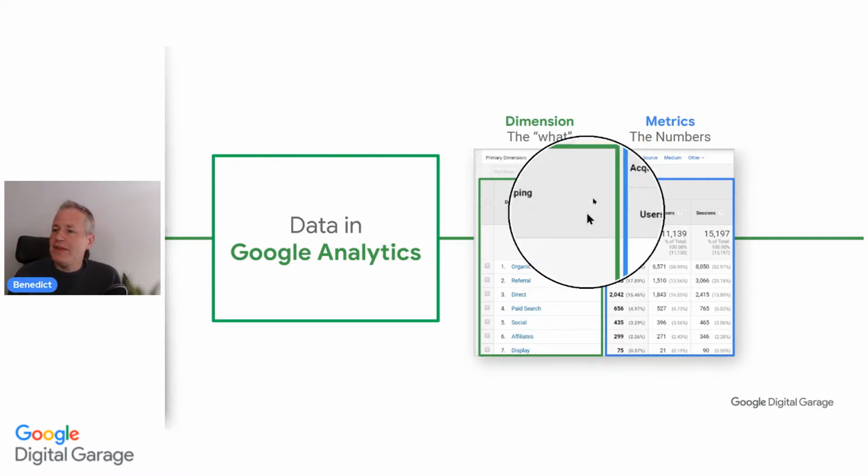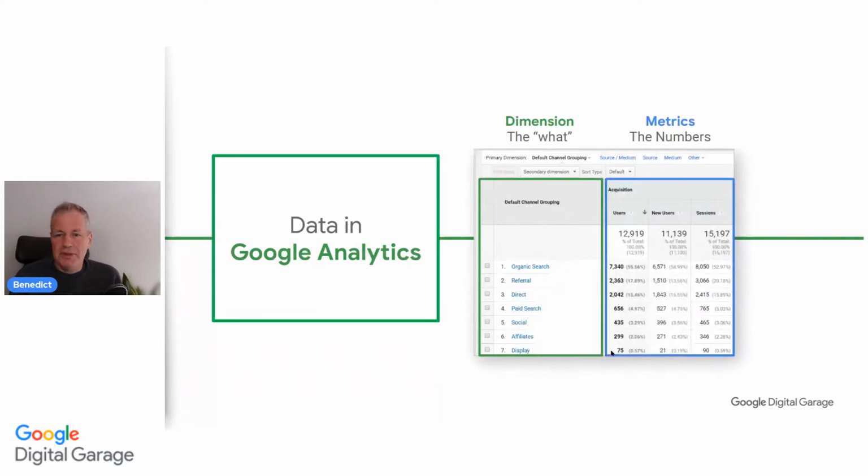Whereas the blue over here, the metrics, the numbers, is a measure or count of something. For example, if we find ourselves asking a how many question, that is without a doubt the metrics, the numbers. I have a colleague who has his business name as Mr. Metrics, which is interesting as well.